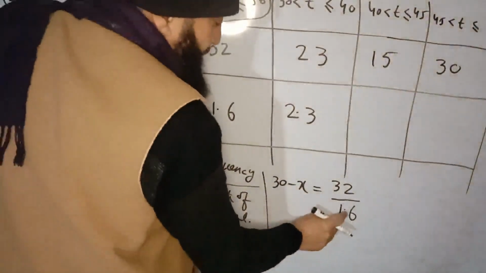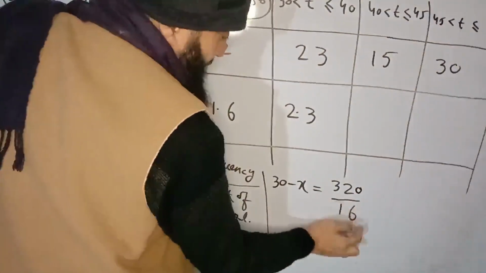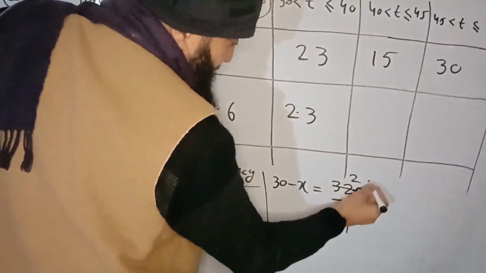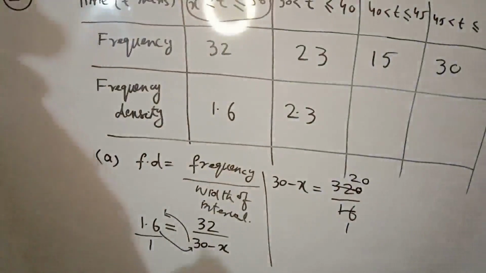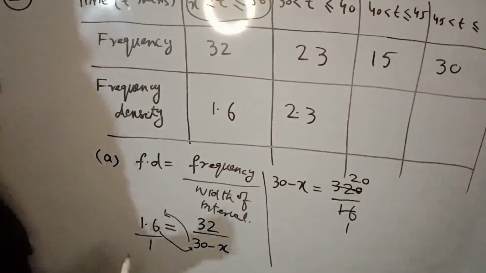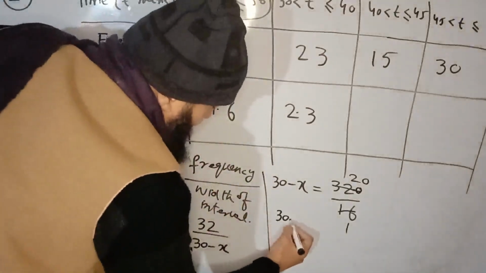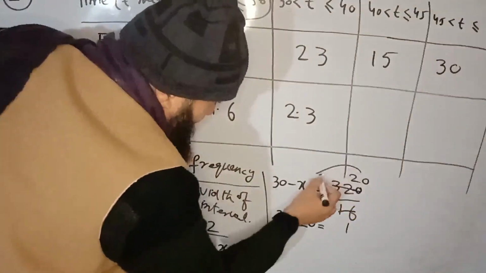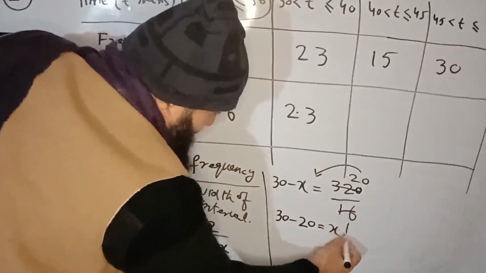In order to remove this decimal point, I put 0 here. So this will become 16. Now 16 ones are 16, 16 twos are 32, so 0 is as it is. So this becomes 20. It means 320 divided by 16 will be equal to 20. You can do it. So 30 minus 20, and minus x will be shifted to the other side, it will become plus.